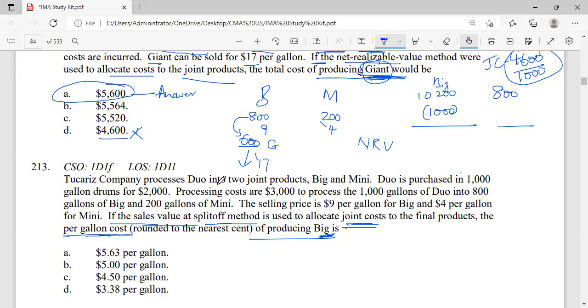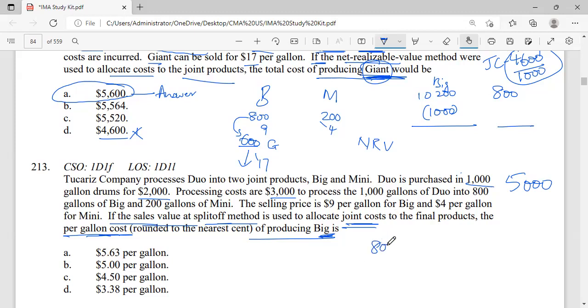Tokaris company produces two giant products, big and mini. Duo is purchased in 1,000 gallons at $2,000 and processing cost is 3,000. So the joint cost is going to be 5,000 again. To process 1,000 gallons of Duo, 800 gallons of big and 200 gallons of mini.